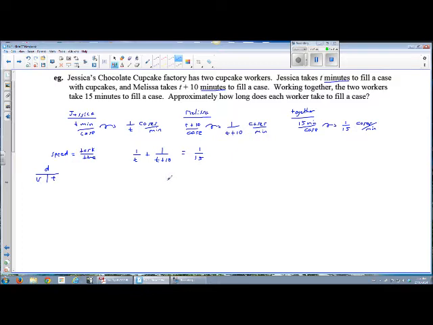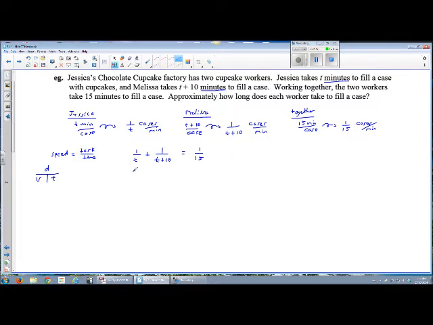Get a common denominator, solve for t, and then substitute the values of t back in to figure out how long it takes Jessica to fill a case and how long it'll take Melissa. Then you can come back and check the solution here. So pause the video now, please, and we'll check back with you in a couple minutes.